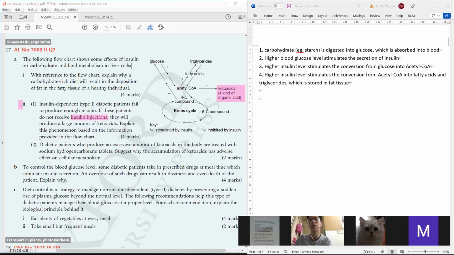If we don't have insulin effects, you have to pay attention to the process inhibited by insulin.